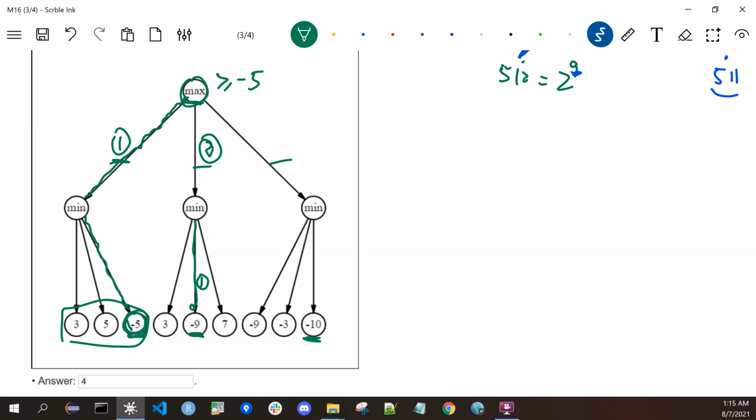And now I'm seeing -9. I know this is a min player, and the min player is going to minimize, so the min player will get something that's at most -9, which means something less than -9. For the max player, I already know that I can get -5. Why do I care about anything less than -9? So I'm going to prune these two.